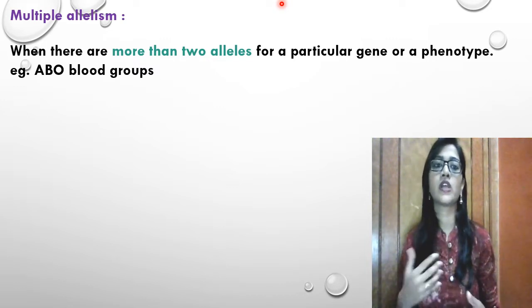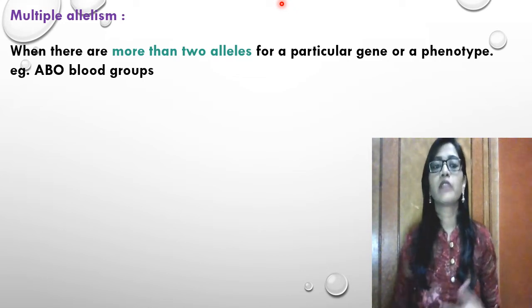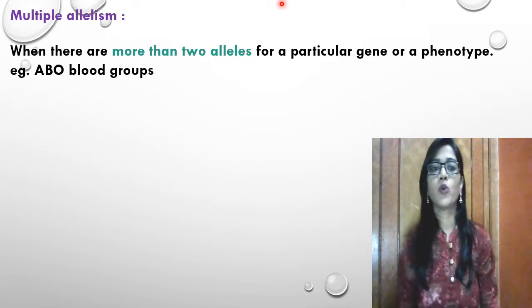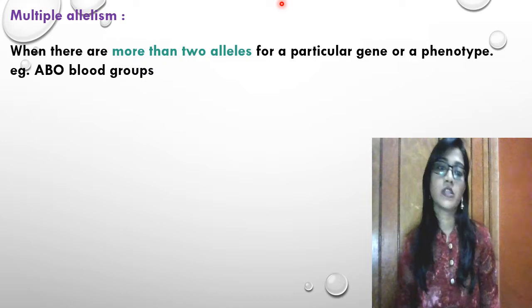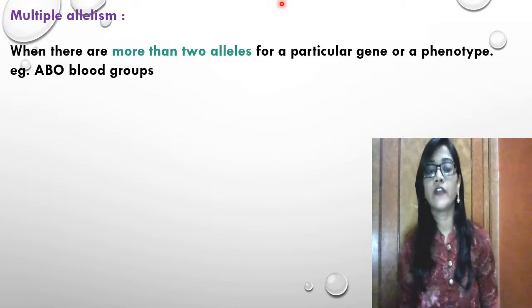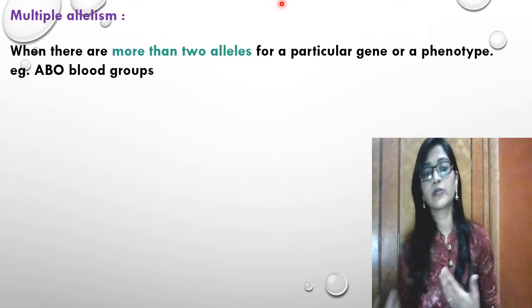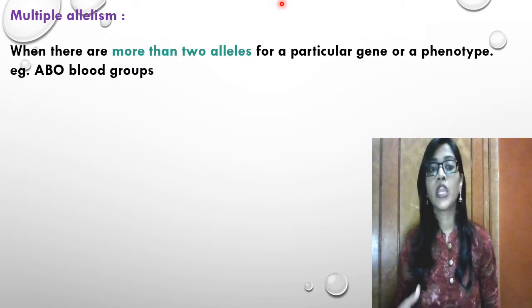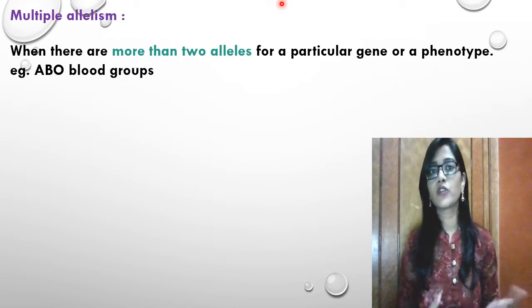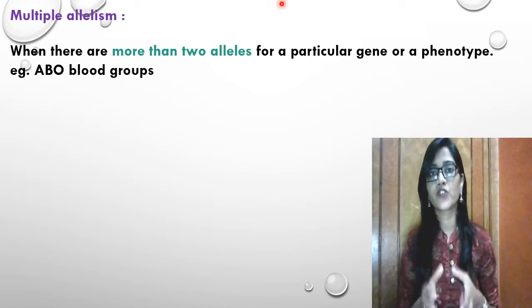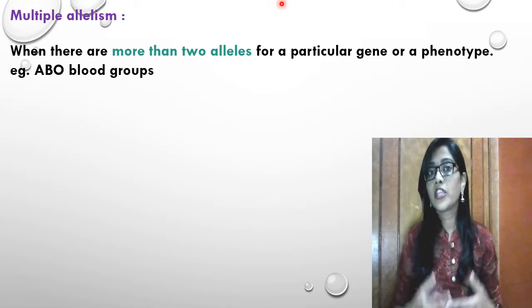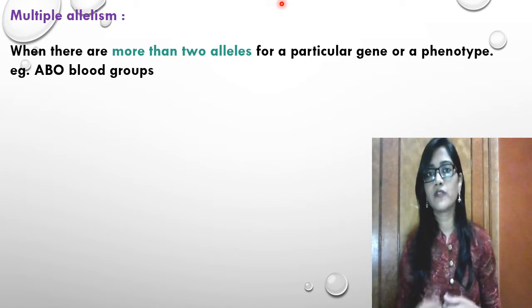In mutation, we have studied that the structure of the DNA gets altered or changed. So of course here we are talking about the genetic information present in the DNA getting changed.